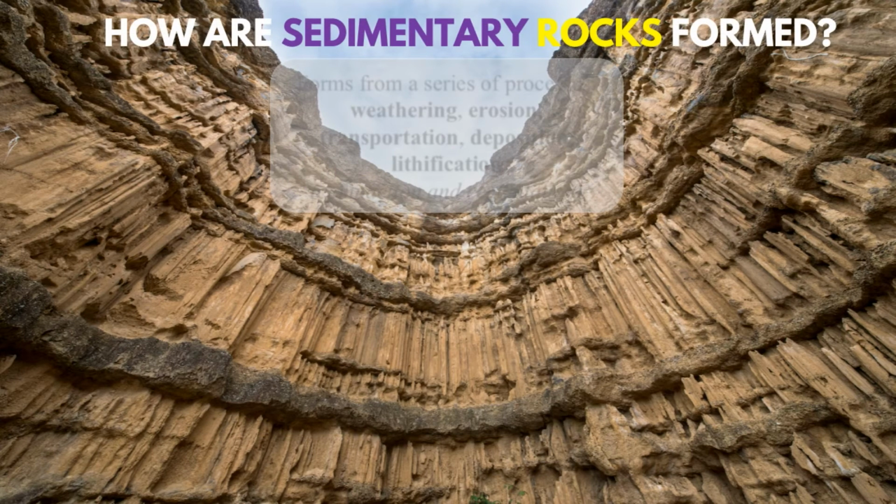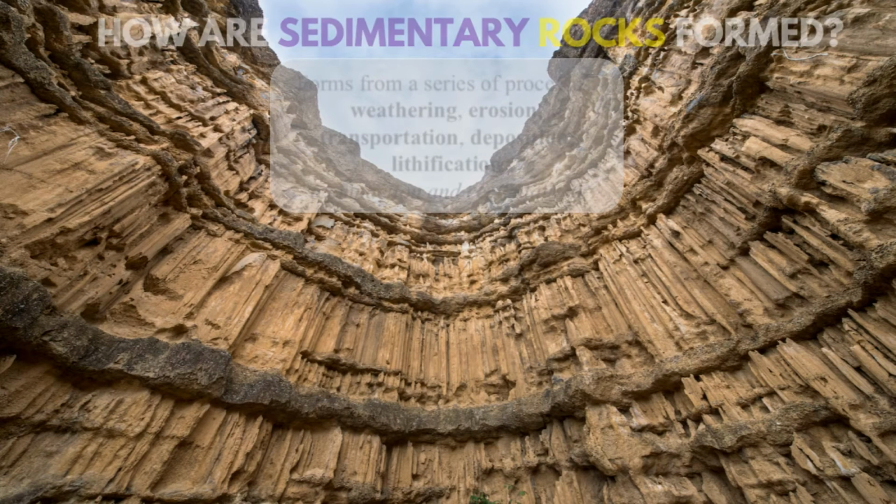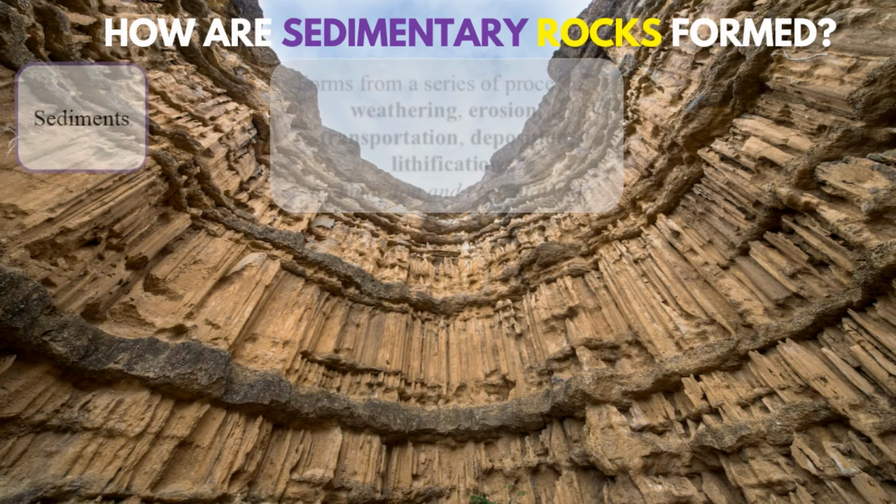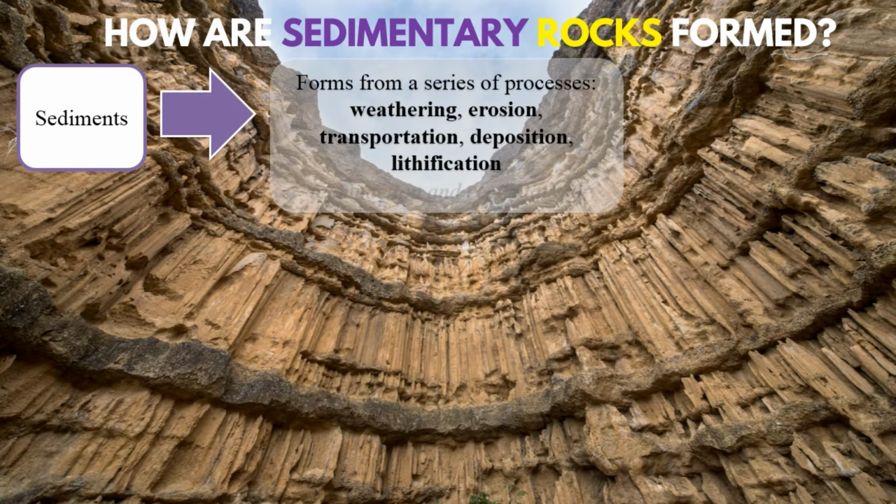How are sedimentary rocks formed? This type of rock forms from sediments. These sediments undergo a series of processes which include weathering, erosion, transportation, deposition, and lithification. Lithification involves two other processes which include compaction and cementation.